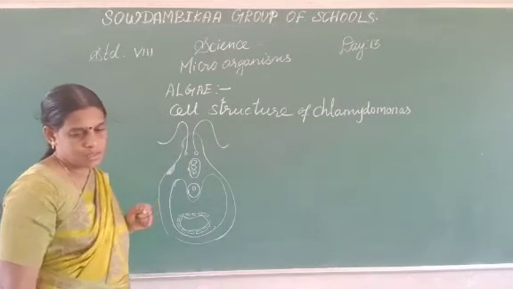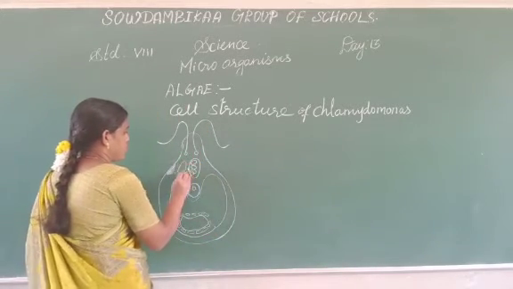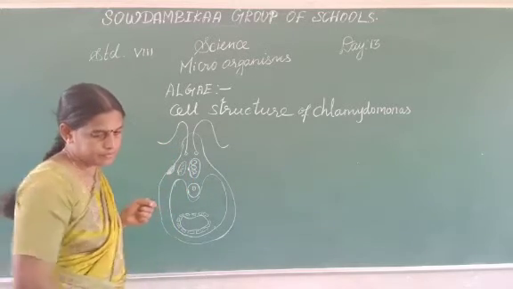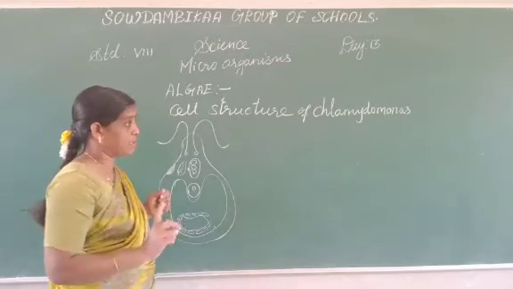Here you draw the Golgi complex. This is the vacuole. Now we label the parts.